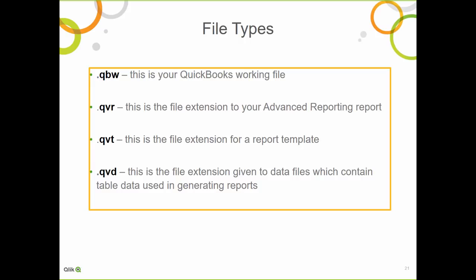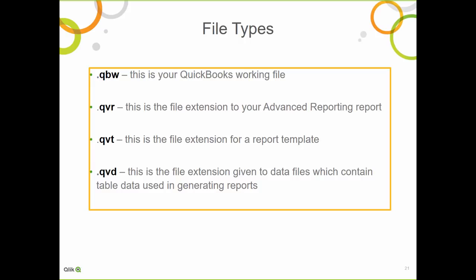And that's where you will find, in that advanced reporting folder, all your different reports. Should you move your company file to a different location and open up advanced reporting, you're just going to see these starter reports because your files are located in a different location. But you can move them easily enough or move your file back to the folder where it once was.